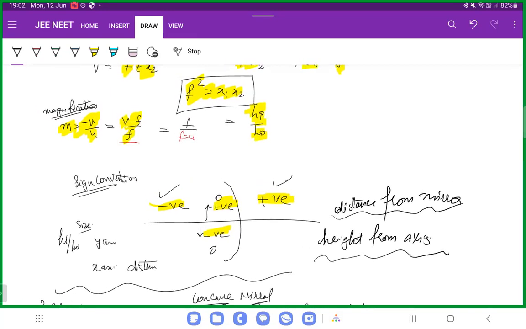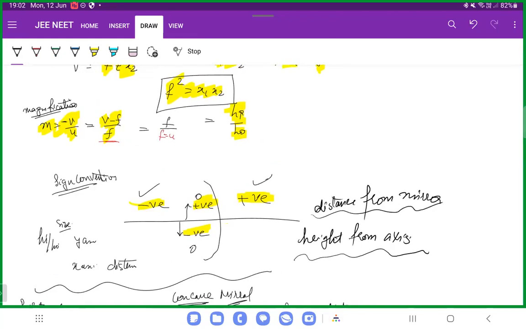Make a note of it. Formula and sign convention. And what is the use?